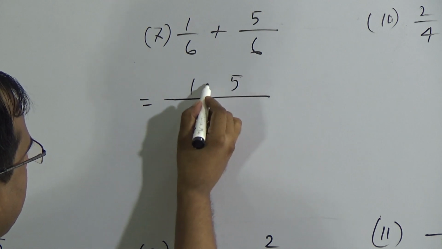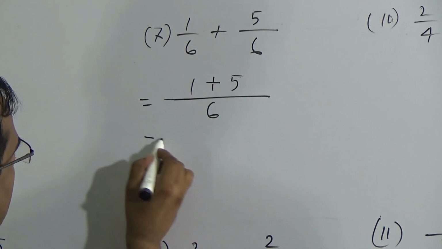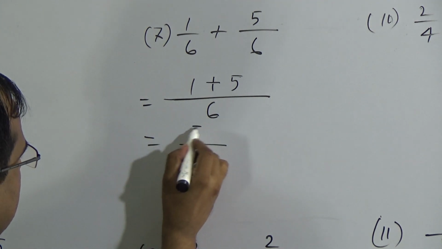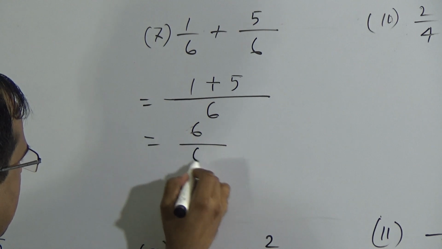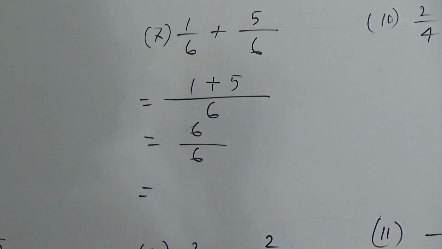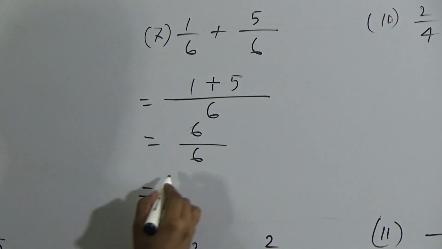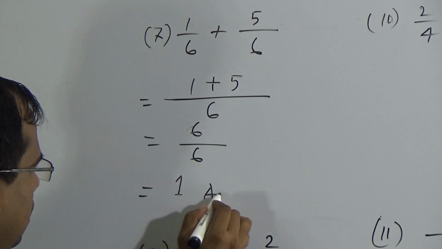Between these two numerators we have to give an addition sign, that means plus sign. Now 1 plus 5 is equal to 6. 6 by 6, and in 6 by 6 the numerator and denominator are the same, so its value will be 1. So the answer is 1.